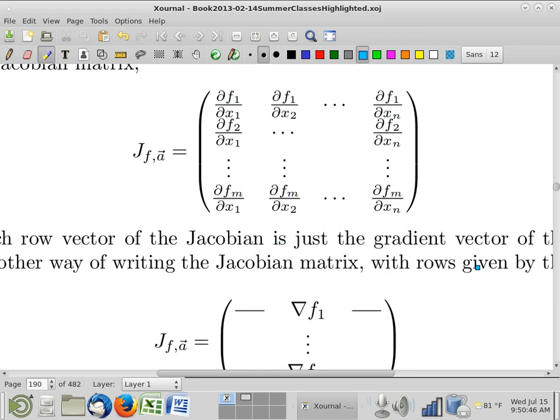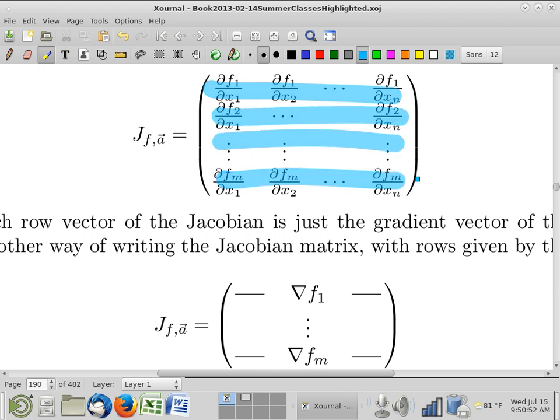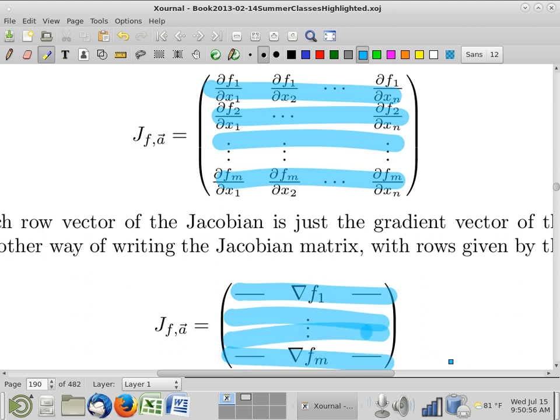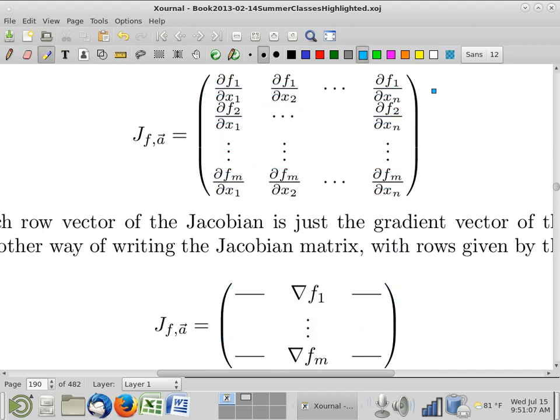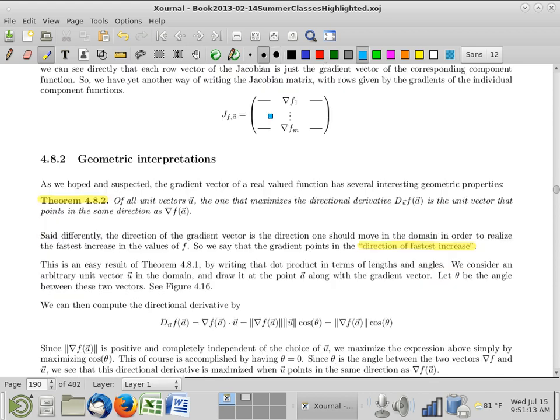And now we can instead choose to view it as where the rows are the gradients of the different output variables. There's a different way to think about the Jacobian. Is everybody happy with that observation? Okay. Right, so now let's draw some geometric conclusions about the gradient vector.